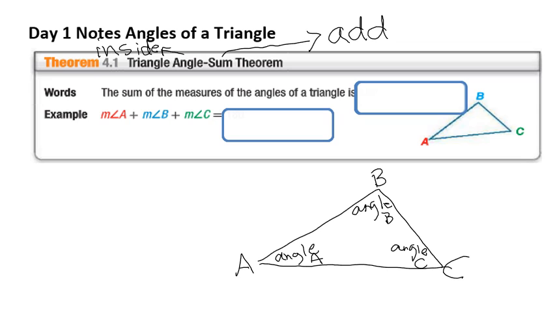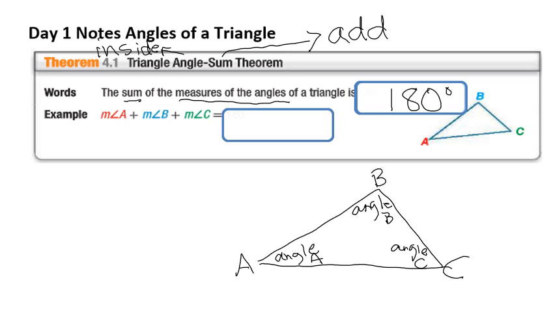So when we talk about the triangle angle sum theorem, we talk about the sum of the measures of the angles is 180 degrees.